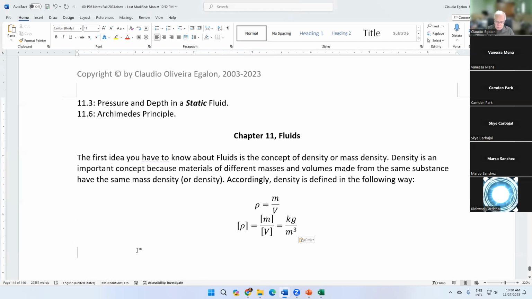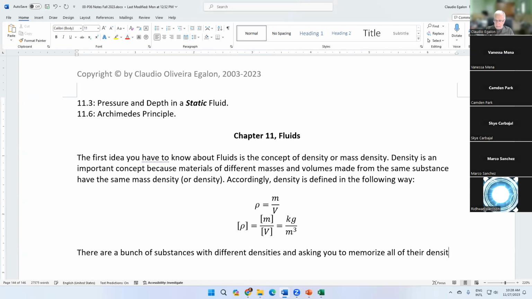There are a bunch of substances out there in the world with different densities. Asking you to memorize all of their densities would be too much, okay? I'm not gonna ask you to memorize the density of 300 substances.